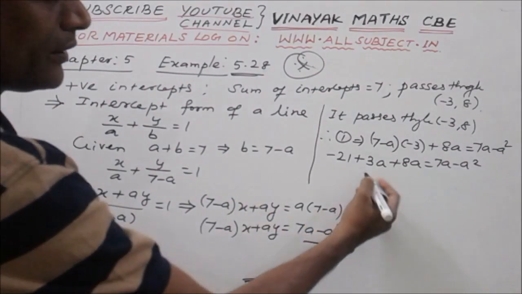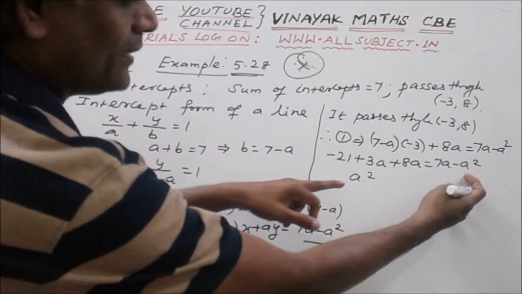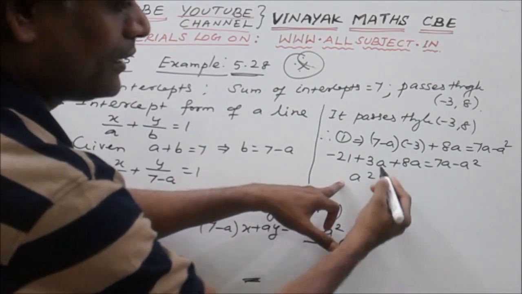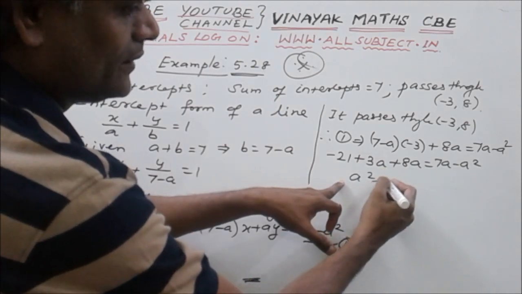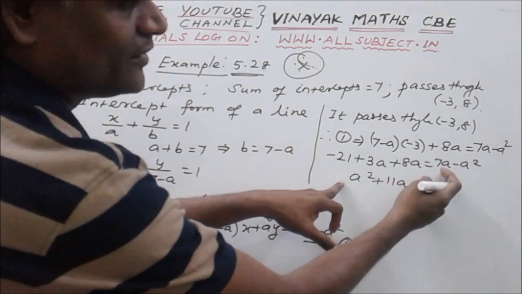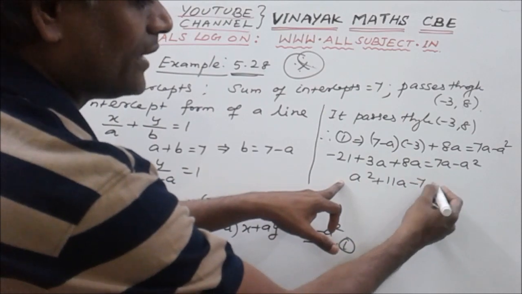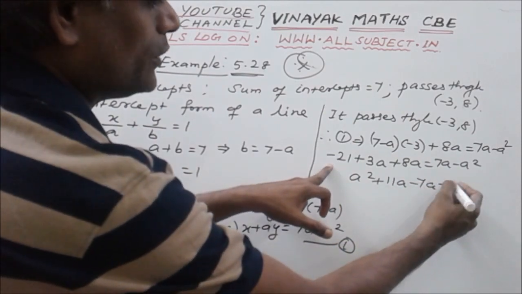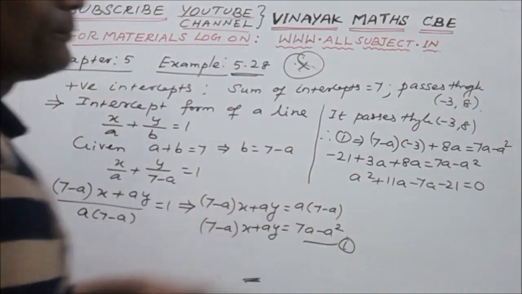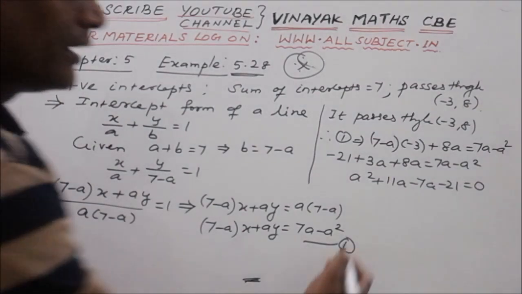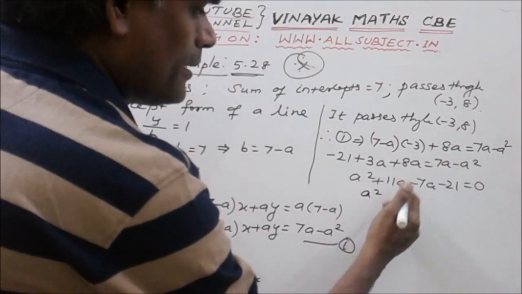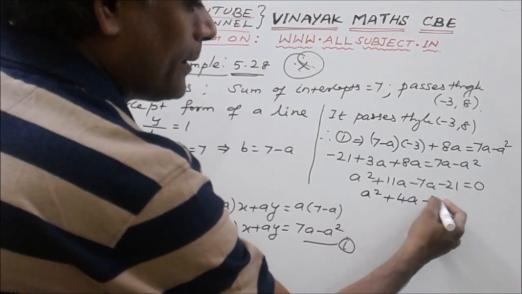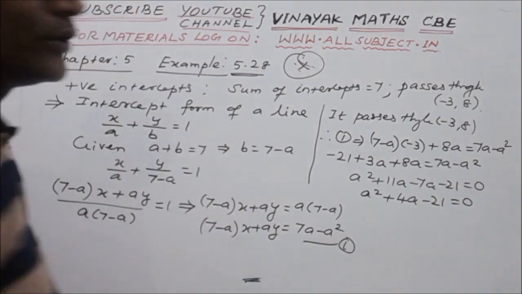Grouping on one side, we have a square on the left side, 3a plus 8a that is 11a, and then minus 7a on the left side, minus 21 equal to 0. Now simplifying this, a square plus 4a minus 21 equal to 0.